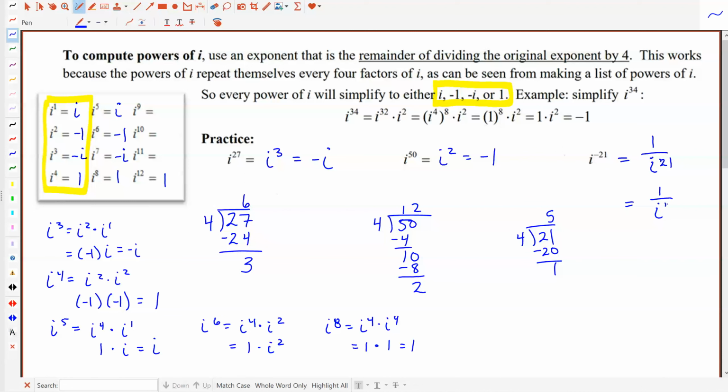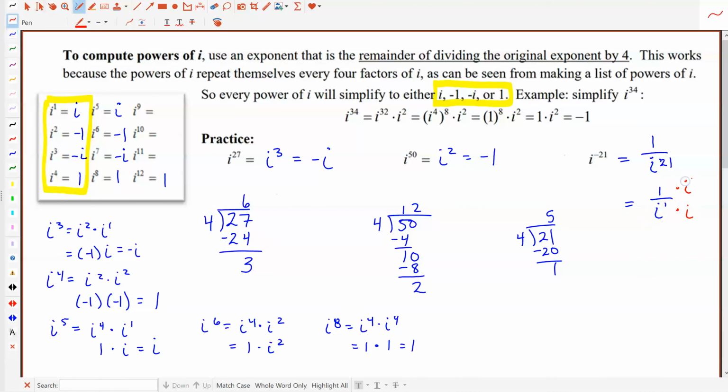We can't leave our final answer like that because we don't leave the imaginary unit in the denominator of a fraction. So we need to get that out by multiplying by something. Now you could use the complex conjugate in this case, which technically is a negative i. But the other thing is, remember that i squared simplifies to -1, and this only works if you don't have a real part, if you only have this pure imaginary part.